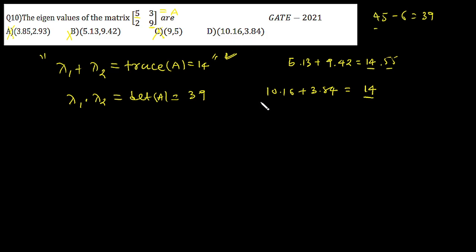Let's also multiply these two terms: 10.16 multiplied by 3.84 gives 39.0144, which is very close to 39. So we can say the approximate values of the eigenvalues of this matrix are given in option D. So option D is the correct set of eigenvalues.